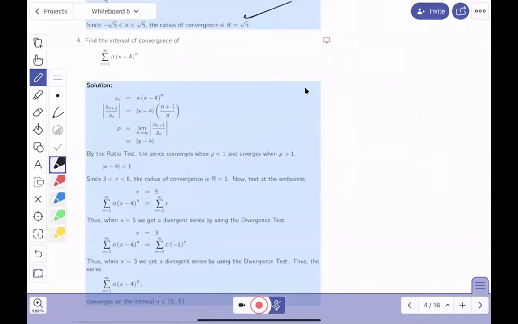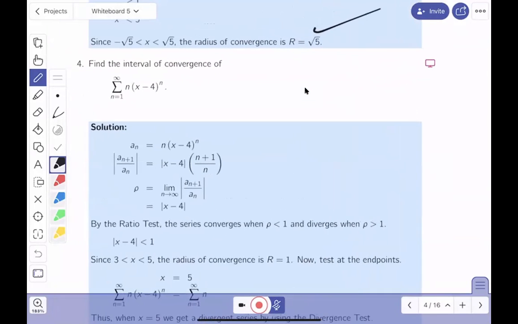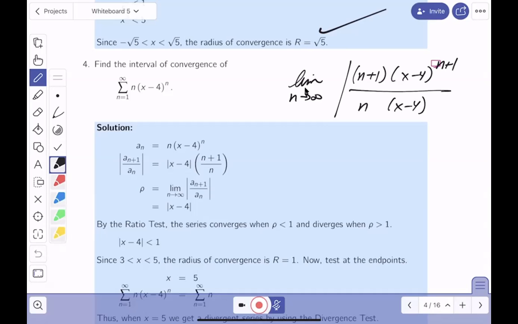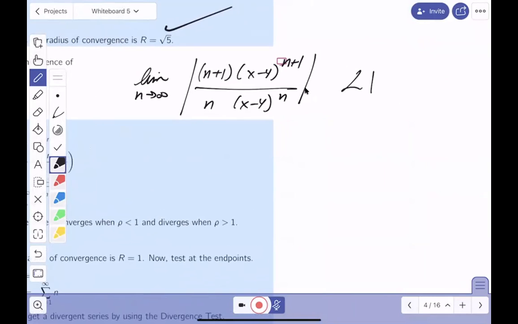And again, it's an interval problem. It's more difficult, but I can still do this limit, right? So I'll write that down for you. The limit as n goes to infinity of n plus 1, x minus 4 to the n plus 1 over n, x minus 4 to the n, and that should be less than 1. And let's do it.